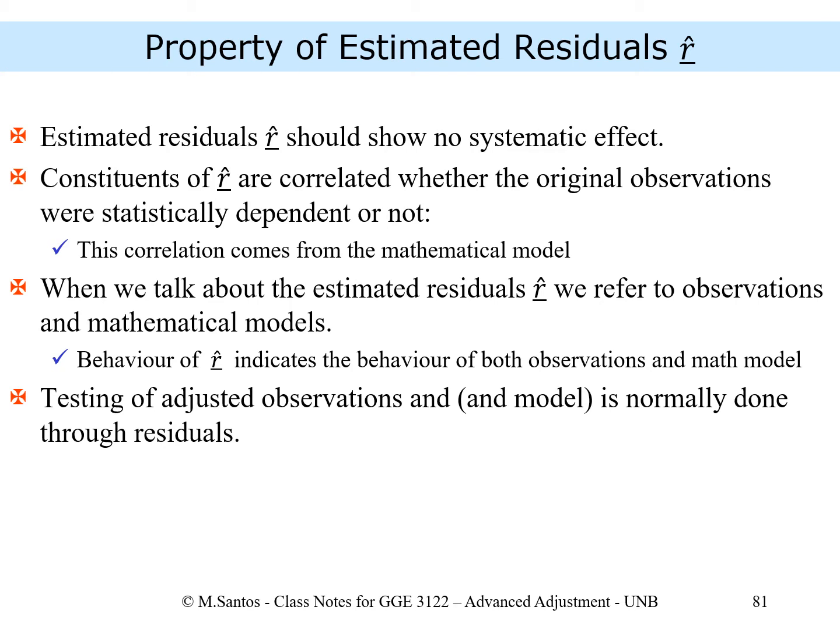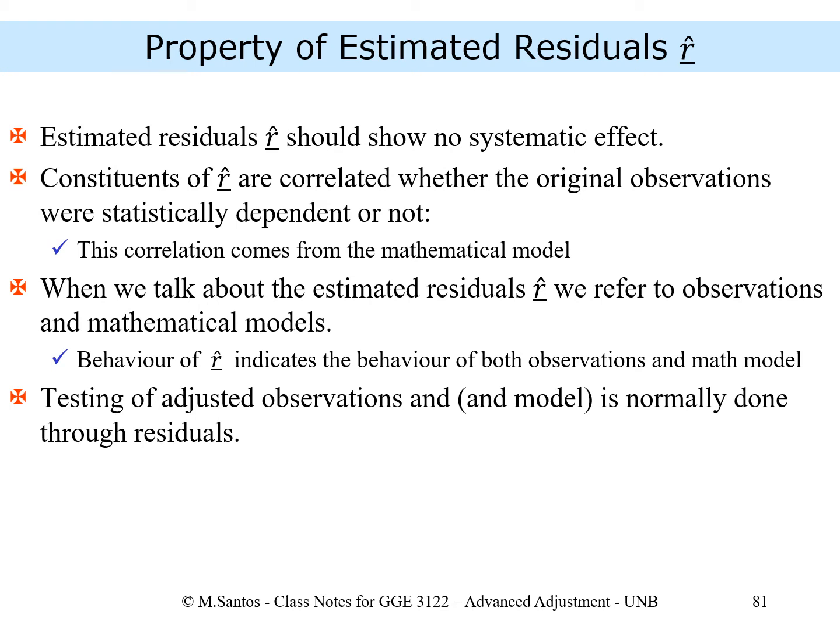The constituents of the residual vector are correlated, independent of whether the original observations were correlated or not. Why is that?